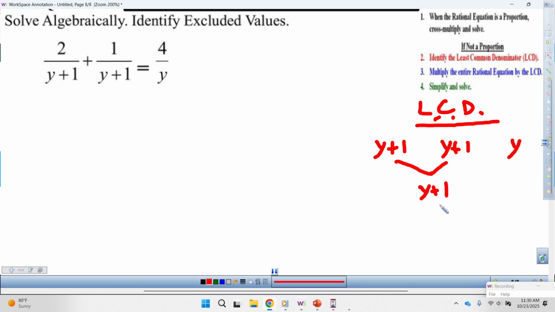So what do we write, Leo? Close. Just write it out before you multiply it. Y times y plus 1. That is correct. This is our L.C.D.